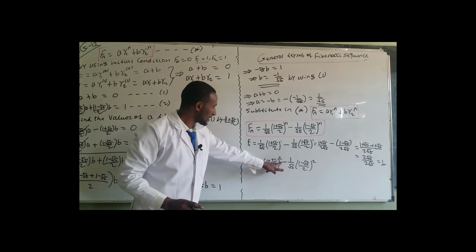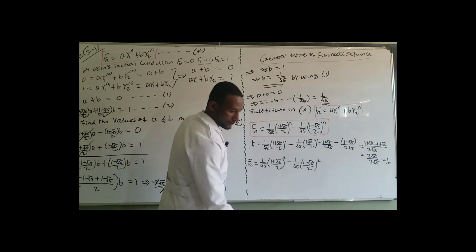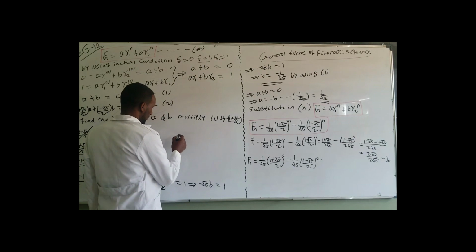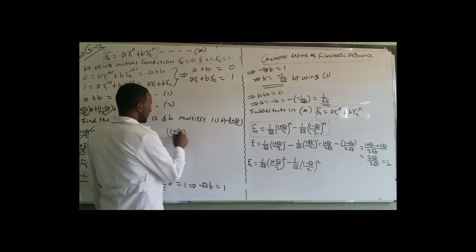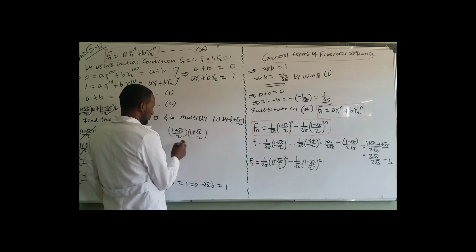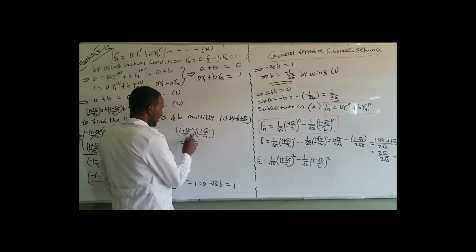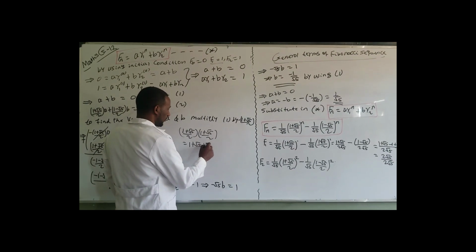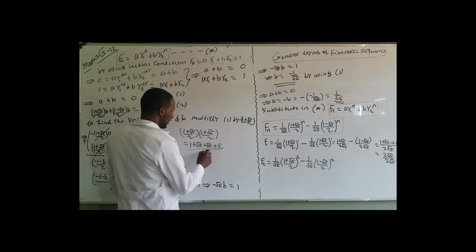When we square this, we get 1 plus square root of 5 over 2 times 1 plus square root of 5 over 2. 1 times 1 is 1, plus 1 times square root of 5, plus square root of 5, plus square root of 5 times square root of 5, over 4.